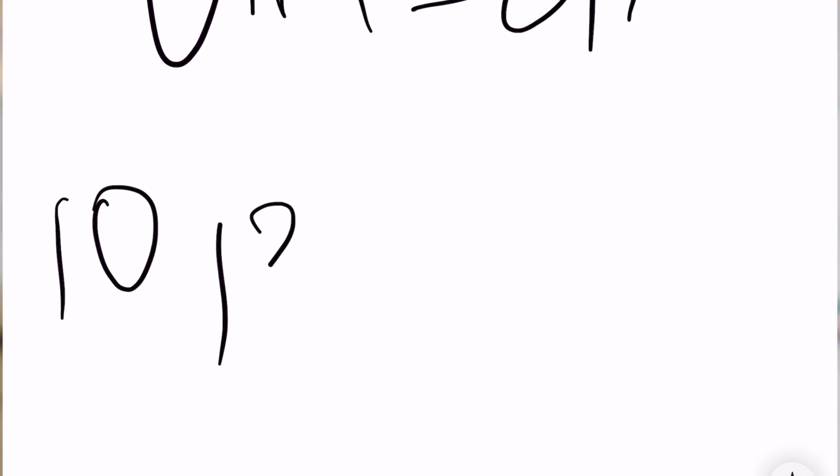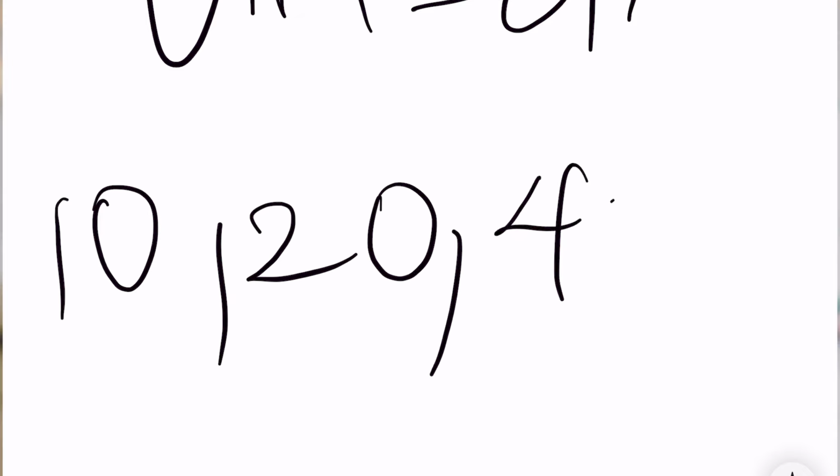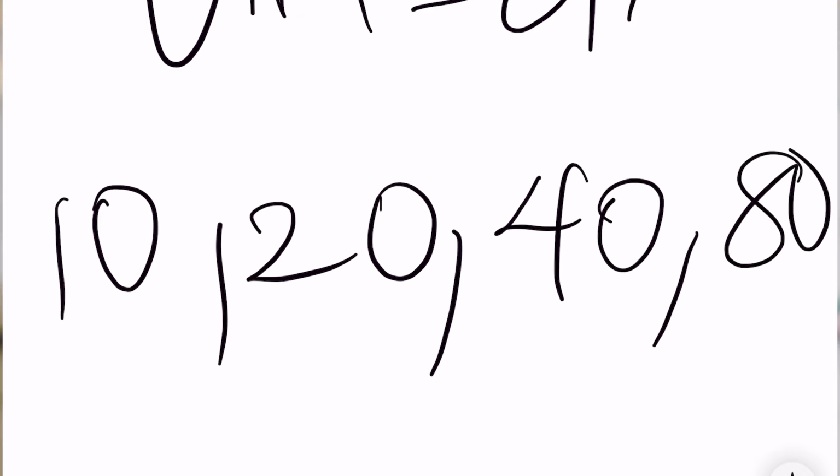Today we solve 3 examples on geometric progression. The first example says, find the 8th term, the 34th term, and the nth term of the geometric progression 10, 20, 40, and 80. Are we dividing or multiplying?